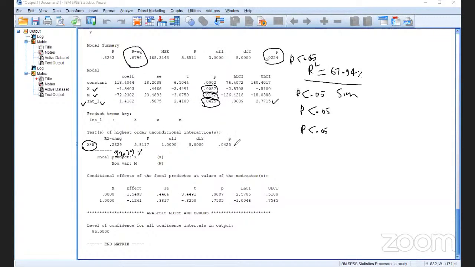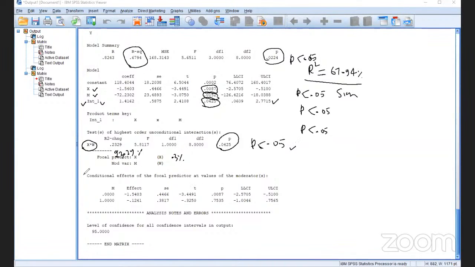Whether it is significant, the p value tells us, and here the p value is significant because it is less than 0.05. In the previous case we found only 0.3% R square, so it was very small and there was no interaction effect. But here the interaction effect R square is 23.9%, and the p value is 0.05.